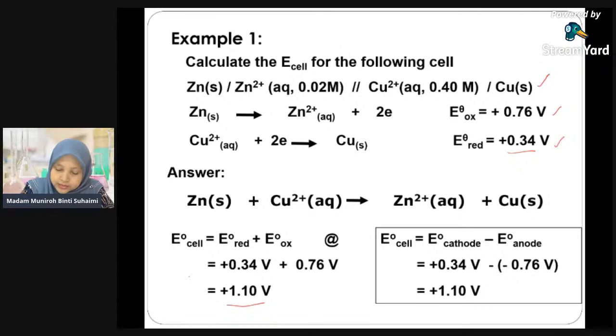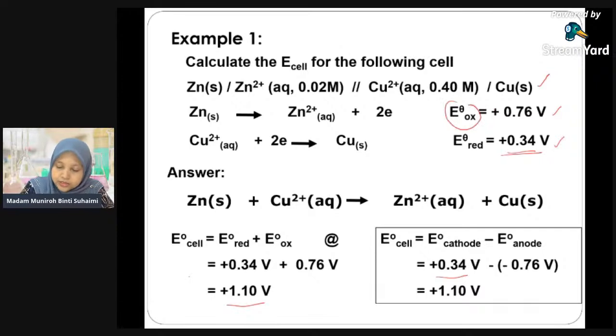If you want to use the second formula, E0 cathode minus E0 anode: the cathode is reduction, which is copper, so we take the value 0.34. But for the anode, we must change the sign of the value because this value is for oxidation.